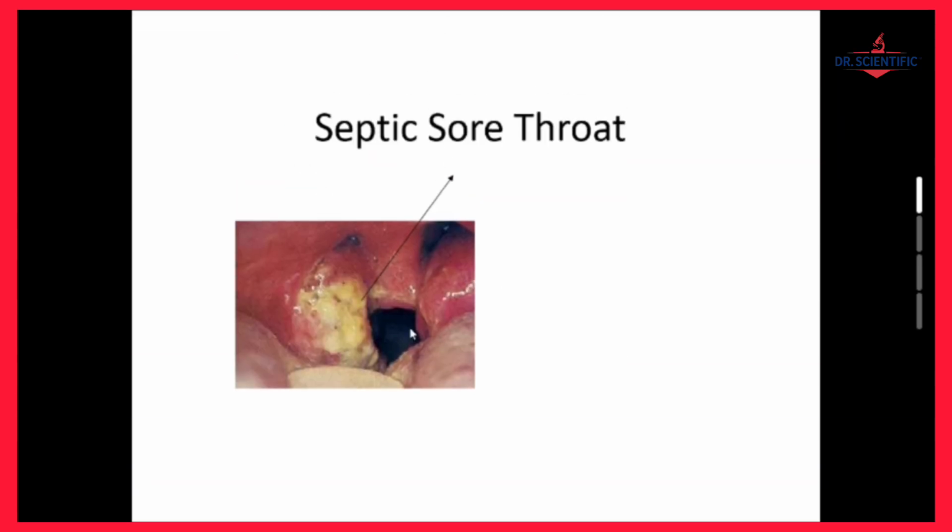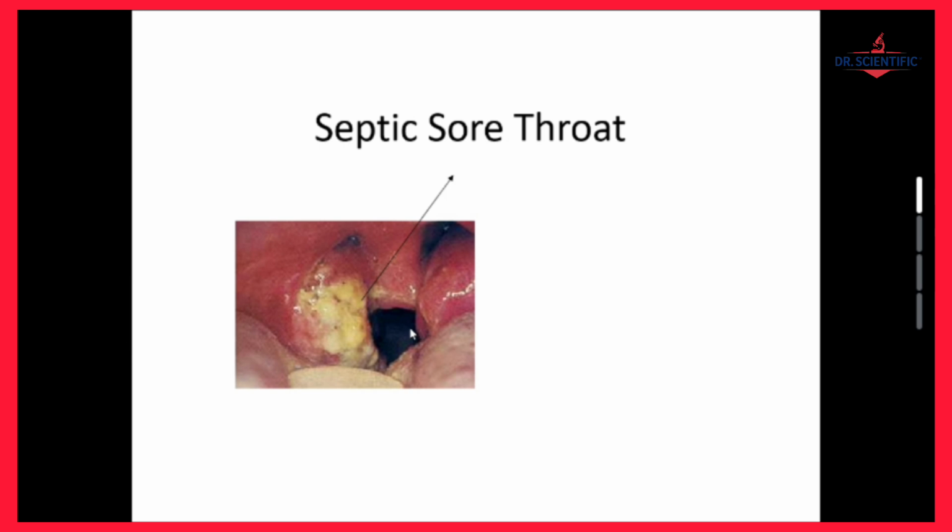So when somebody has a Streptococcus pyogenes infection of the throat, if it's not quickly treated, it becomes so chronic and septic. A lot of pus around the throat. And you see that swelling is even constricting the trachea, making it smaller and smaller because of the swelling and the infection. It's really a very dangerous disease.